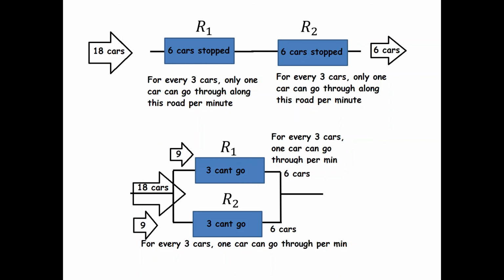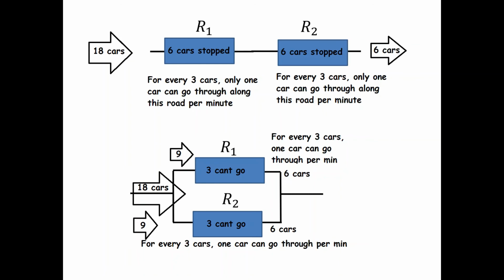Now let's have a look at the parallel one. Again, for each of those resistors, for every 3 cars, 1 cannot go through. However, look at the 18 cars from the left, and it splits off. Although you started off with 18 cars, the current is split before it comes to the resistor.